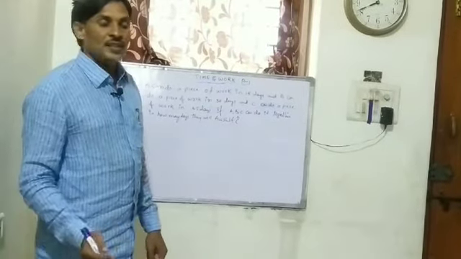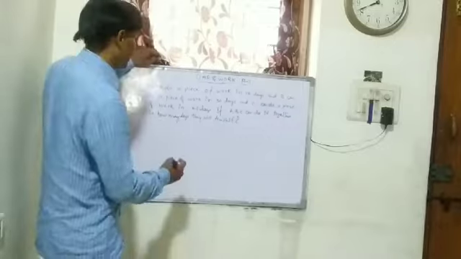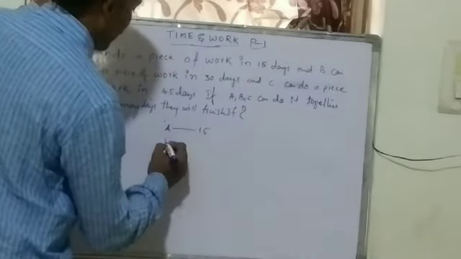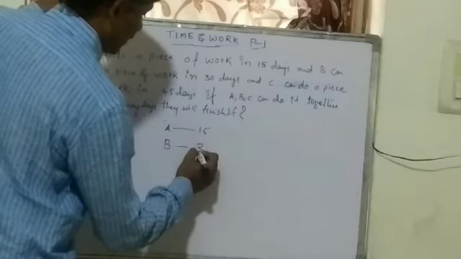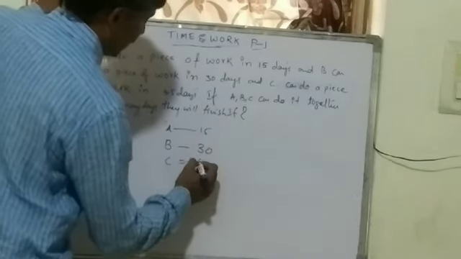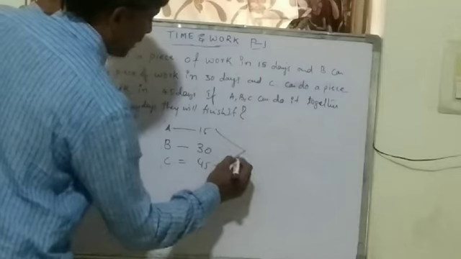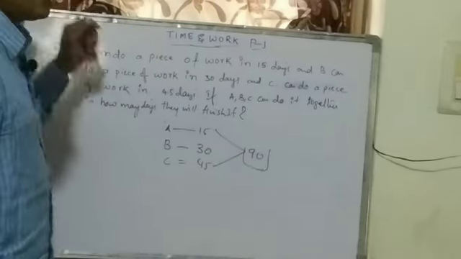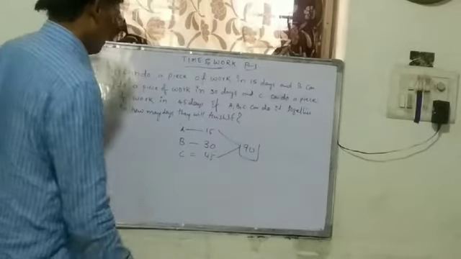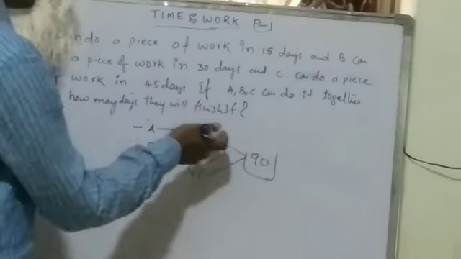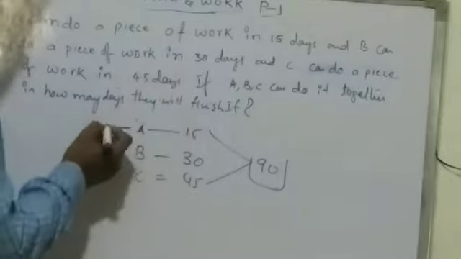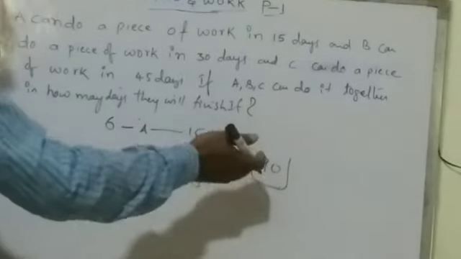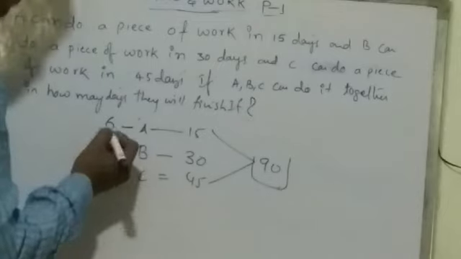Okay. Next we go for the shortcut method. See, A is doing it in 15 days, B in 30 days, and C in 45 days. So their LCM will be 90. The 90 represents the number of work units. A does 90 units in 15 days, so per day he will do 6 units. Similarly, B does 90 units of work in 30 days, so per day he will do 3 units.